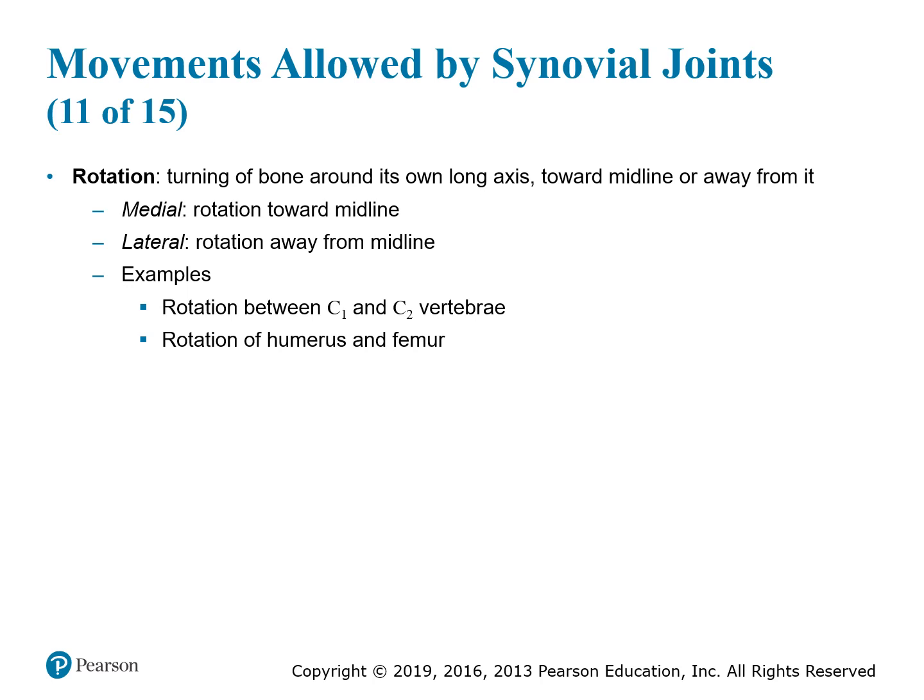Rotation is turning of the bone around its own long axis, toward midline or away from midline. Medial rotation is rotation towards midline. Lateral rotation is away from midline. Some examples are rotation between C1 and C2, or rotation of the humerus and the femur.